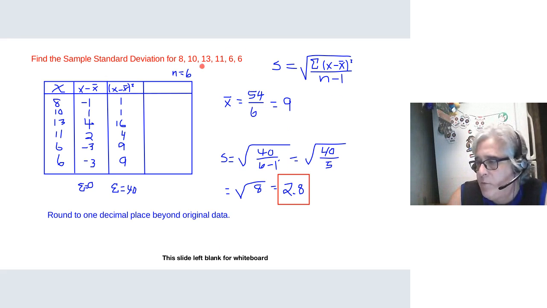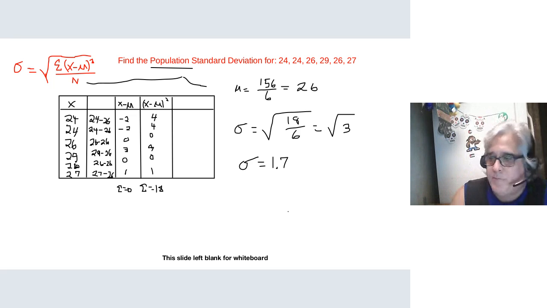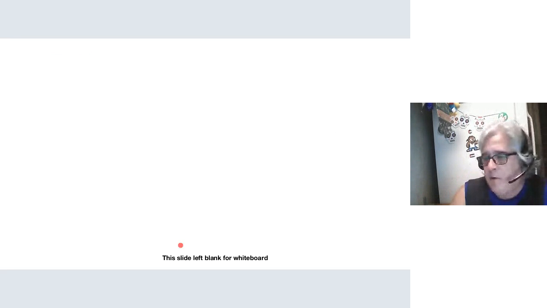This one was a bit larger. The mean was 9, and it went out to 4 more than the mean. Plus 13 is 4 more. Well, you can see them here. So that's the standard deviation, both the sample and the population standard deviation in one shot.